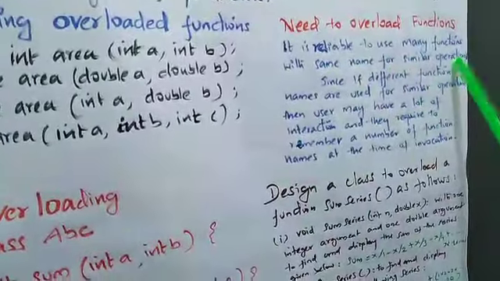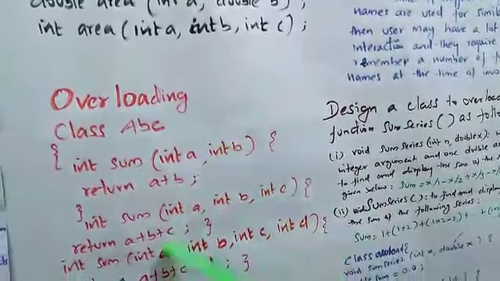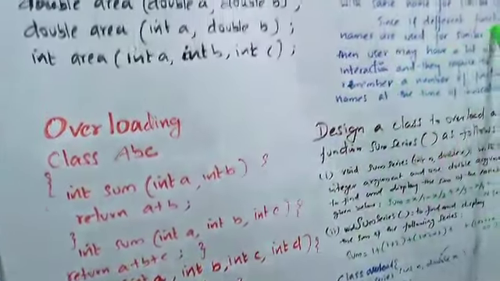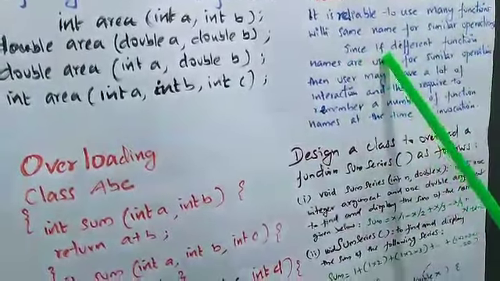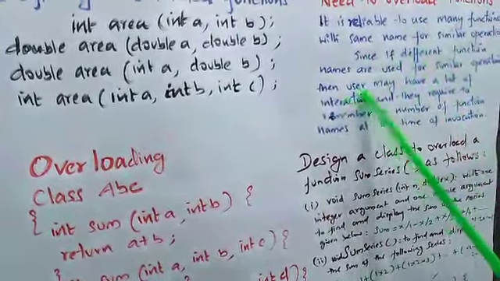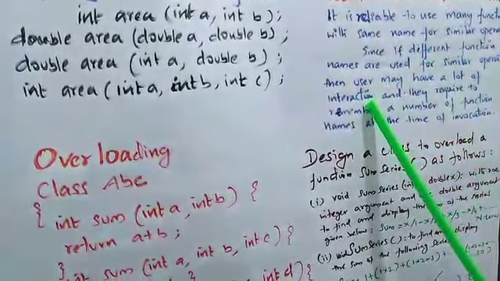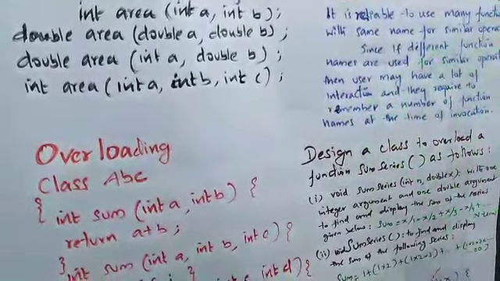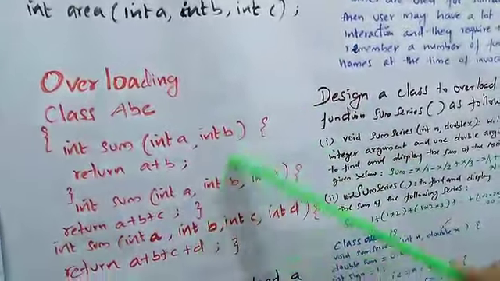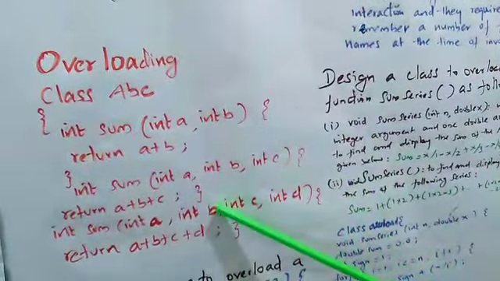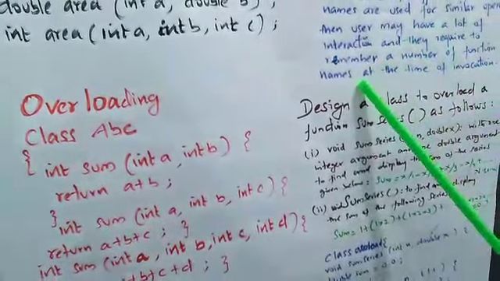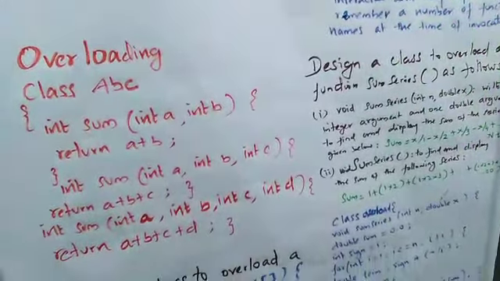Since if different function names are used for similar operations, then the user may have a lot of interaction and be required to remember a number of function names at the time of invocation.